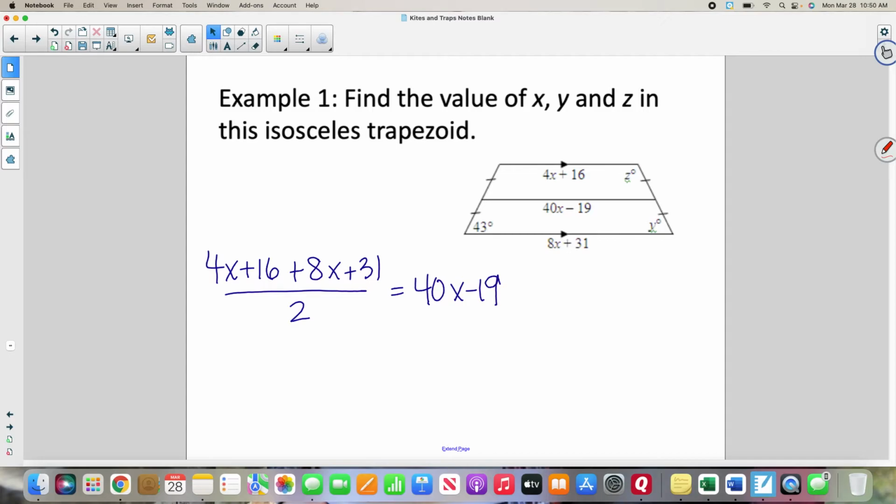What do we get? 1.25. I've heard 1.25. Agree or disagree? Are we agreeing because we haven't worked it, or are we agreeing because that's what we got? Because that's what we got? Okay.